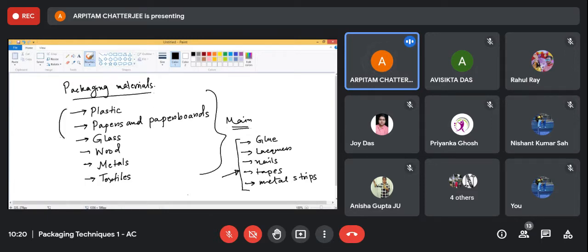So these are the fundamental packaging materials, and each of them we are going to study in a bit more detail. We will start with papers and paper boards.